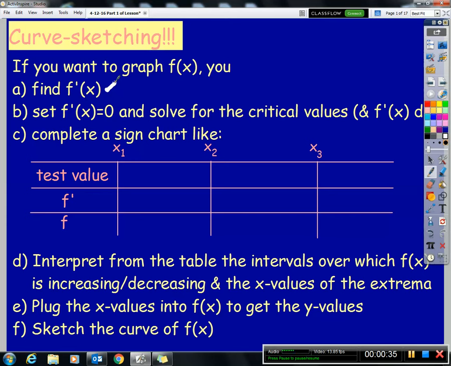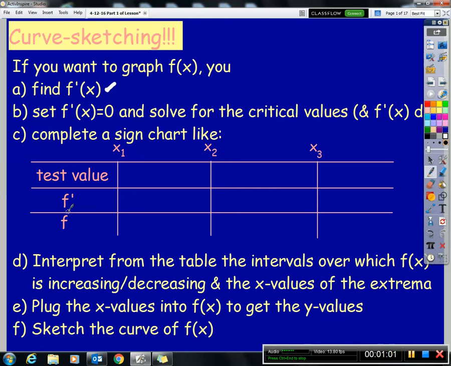We'll say that the critical values are listed here as x sub 1, x sub 2, and x sub 3. In general, you pick test values between them, plug them into f prime of x, and see if it's positive or negative. If f prime is positive, f is increasing, and if f prime is negative, then f is decreasing.